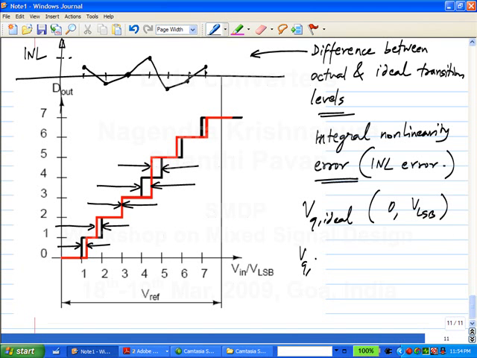And I want the VQ real to have a range of two times VLSB. From this, can you say how much the INL should be? What is the maximum value of the INL? Remember, INL can be both positive and negative. Okay, you don't know. Plus minus 1 LSB.